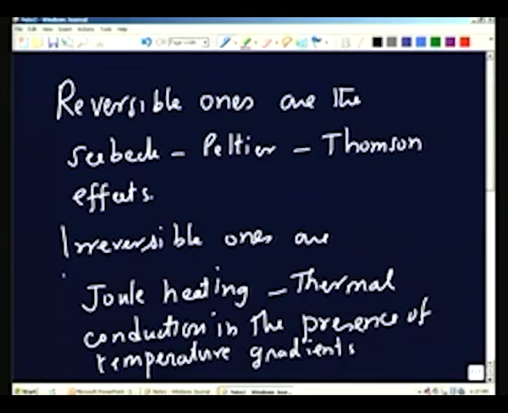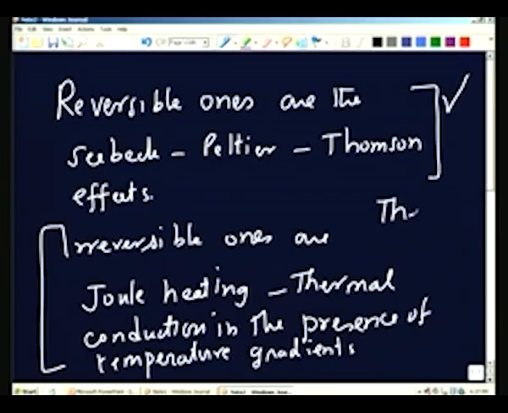So, these are the irreversible ones and these are the reversible ones. What we are interested in studying is the reversible effects, assuming that the irreversible ones are negligible. Of course, in practice the irreversible effects are always going to be there and they will create some problems for us, as we will see later on.